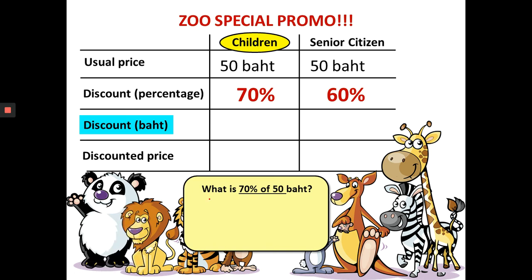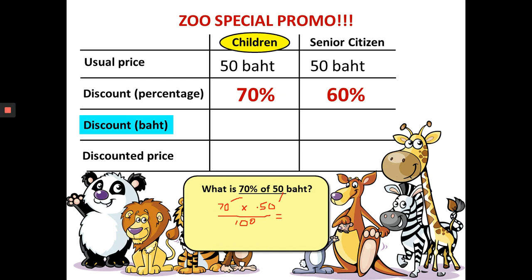Okay, so like what we did a while ago, 70. Okay. It's so hard to write in this platform. Okay, so that's 70 of 50, divided by 100.